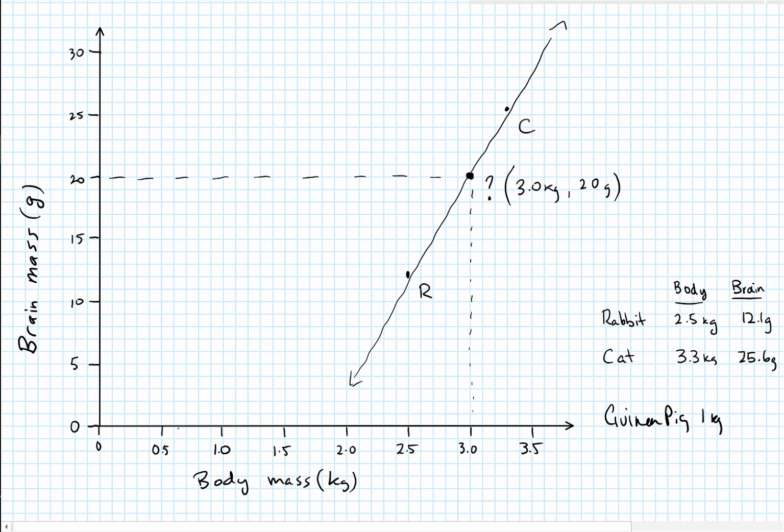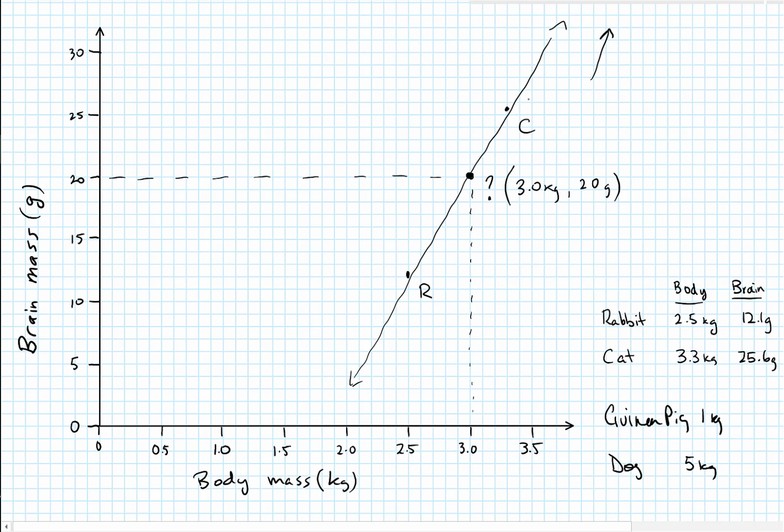And so that's not going to give us a meaningful brain mass. And similarly, if we pick, let's say, a dog with an average mass of 5 kilograms, we could certainly go out on the line, it'd be somewhere up here, and find a corresponding brain mass. But I wouldn't really have a lot of confidence in that.